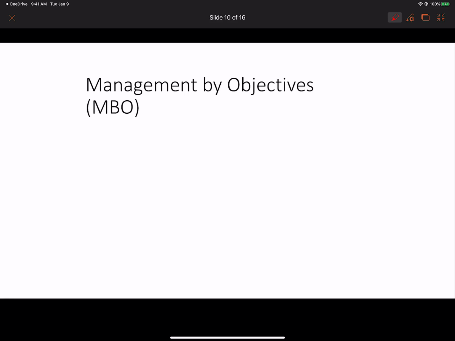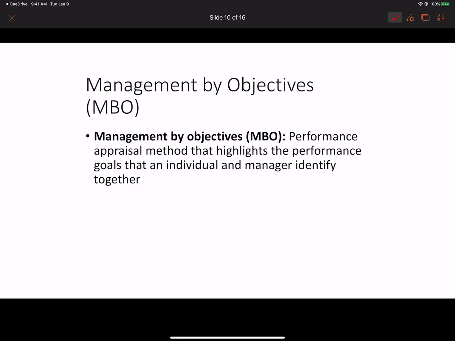Now let's move on to a management strategy called Management by Objective, MBO. Management by Objective, as you can see, is a performance appraisal method that highlights the performance goals that an individual and manager identify together.